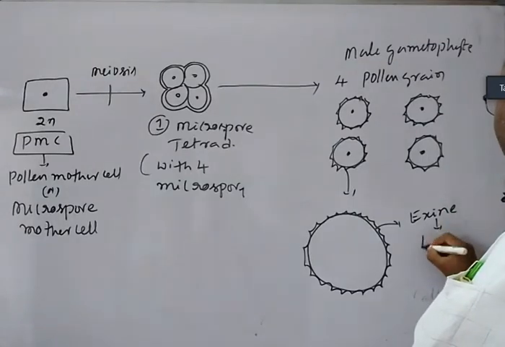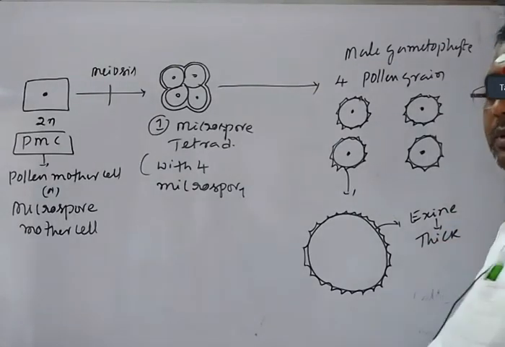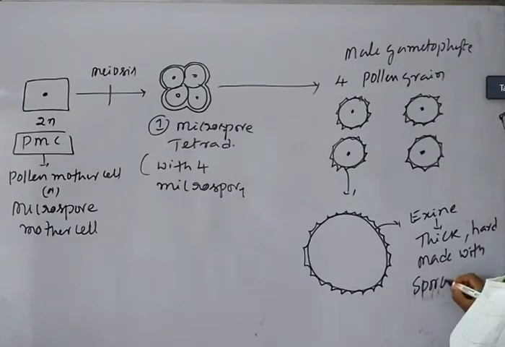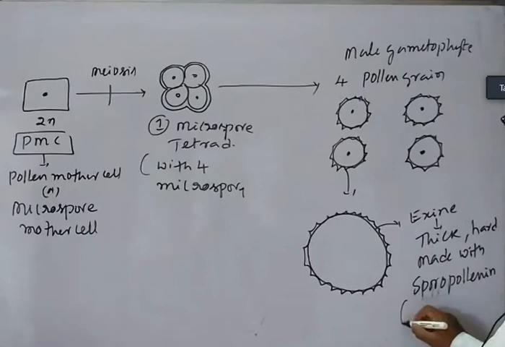It is thick, hard, and made with sporopollenin. It is one of the highly resistant organic materials in nature. Most resistant organic material.